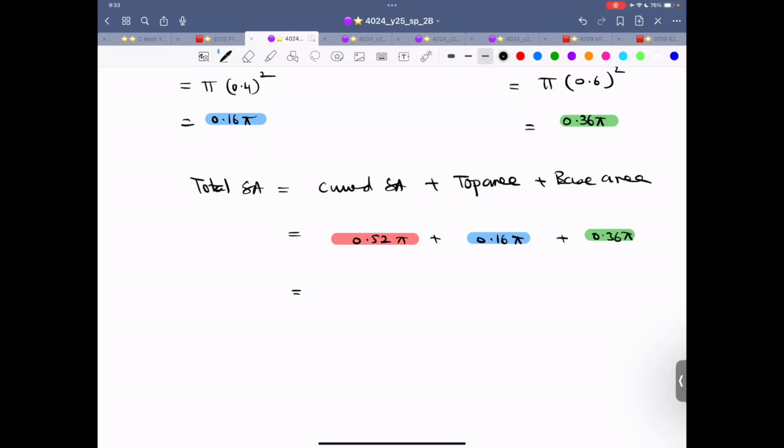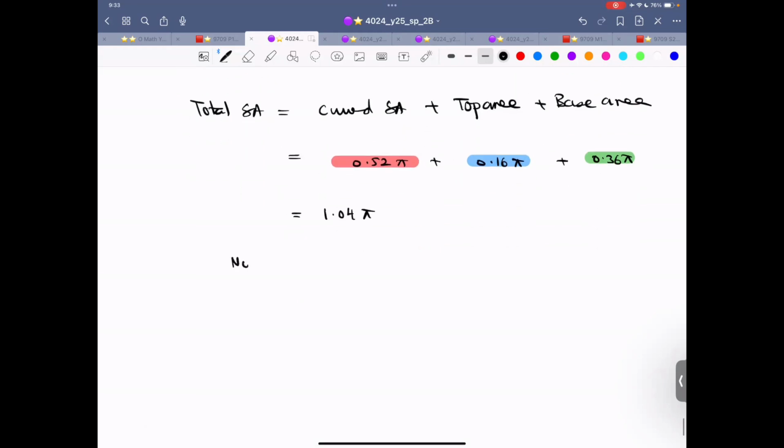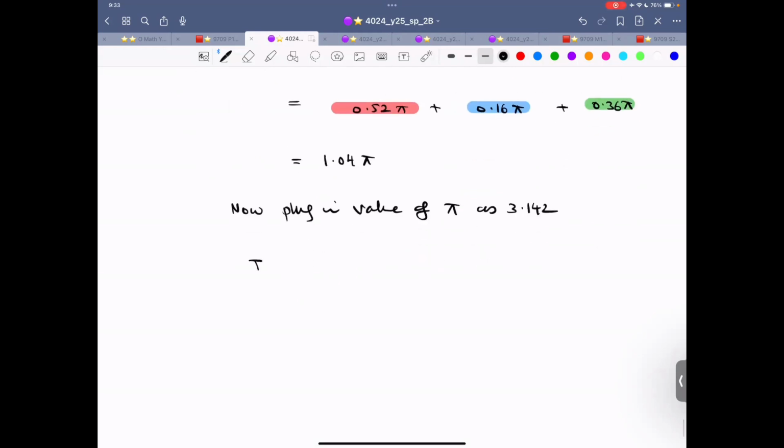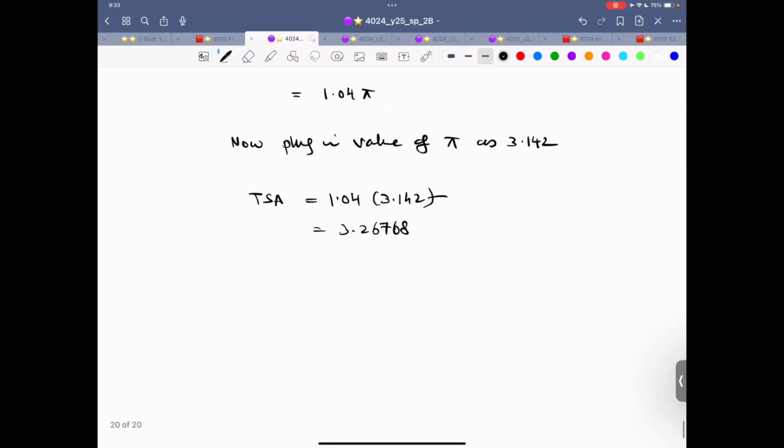When you add it all up, this comes out to be 1.04 pi. Now, plug in the value of pi as 3.142. So the total surface area, 1.04 into 3.142, comes out to be 3.26768. This is, of course, a rounded off value. So rounded off, 3.27 meters squared, correct to 3 significant figures.